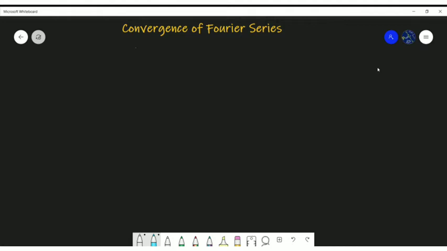Okay, so let us take one example: f(x) is equal to x, and it is defined from minus pi to pi. So we can plot this thing this way. This is the function, minus pi to pi.